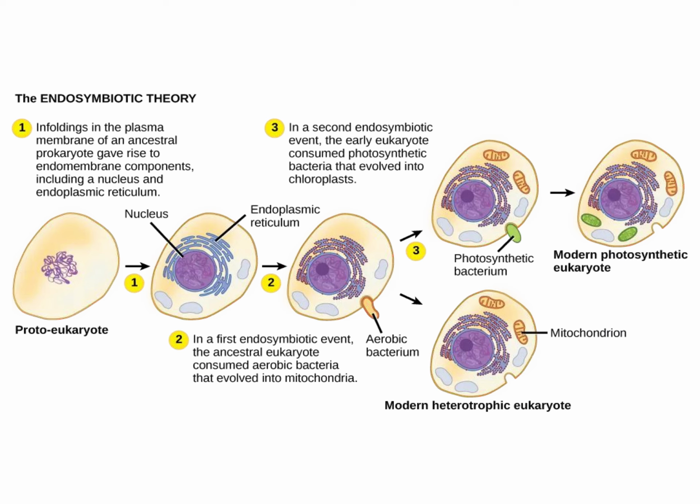This diagram summarizes the endosymbiotic theory. So remember we had this initial early cell that then engulfed a bacterium. In this case, we are talking about probably the alpha proteobacteria that were engulfed in order to make the mitochondria.